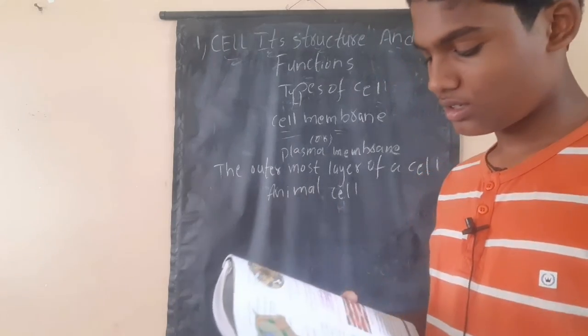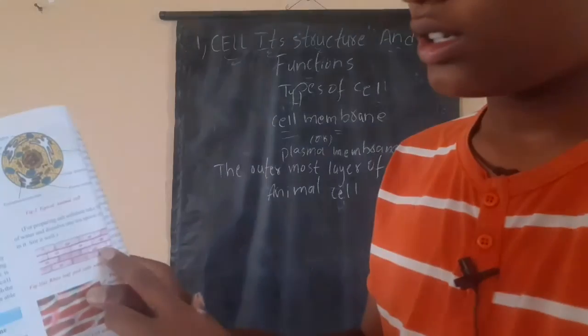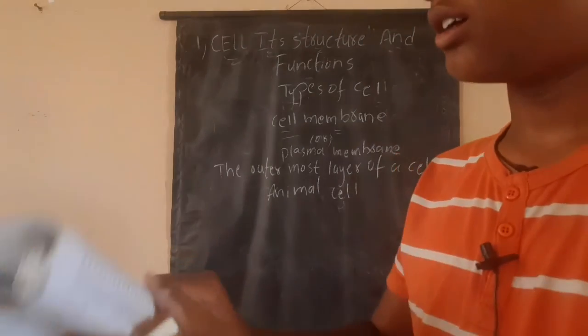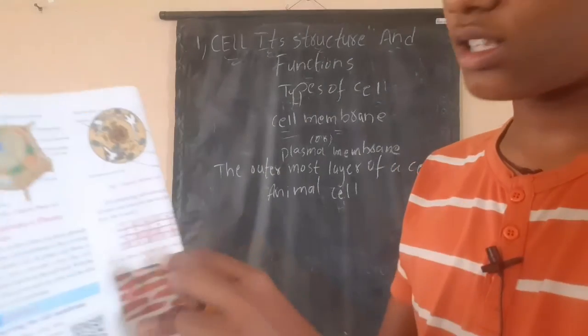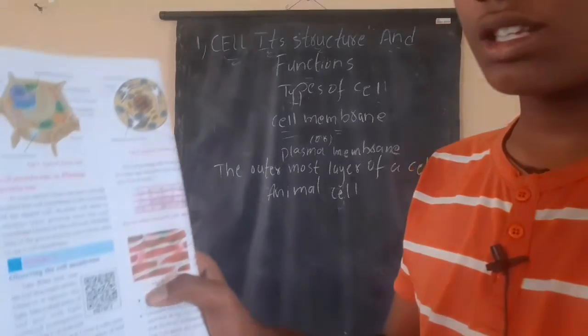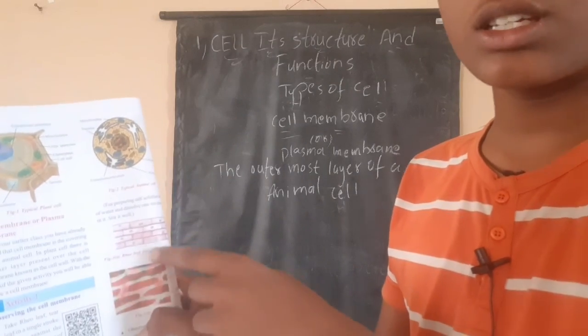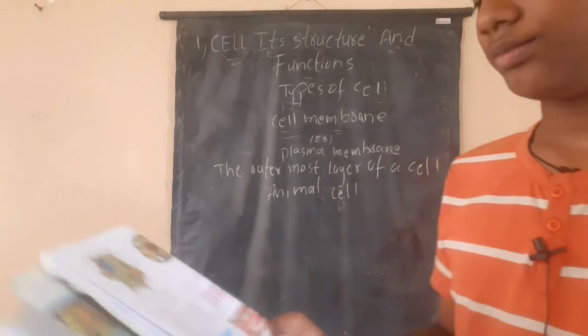This is the cell wall present in the plant cell. This is the plasma membrane present in the animal cell.